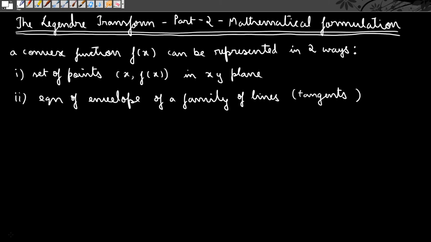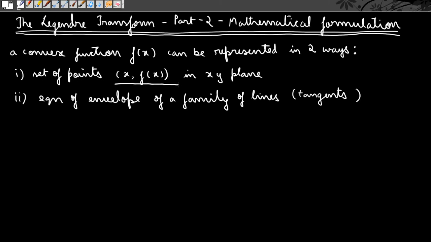Alright, so let's begin. Previously we saw that any convex function can be represented in two ways. The first way is to represent it as a set of points x comma f of x in the xy plane, which gives the curve of f of x, and the second way is to know all the family of lines to which our curve f of x is going to be the envelope.